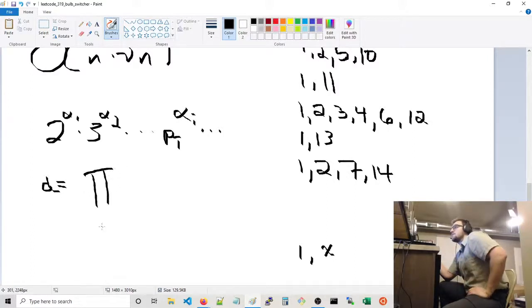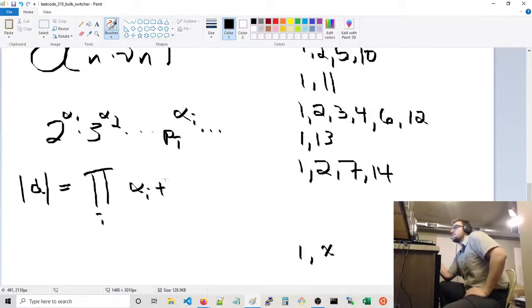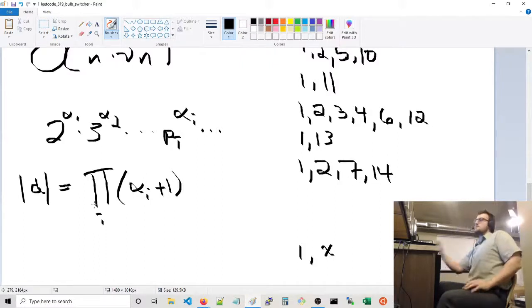If you take these values, alpha sub i, it's the number of divisors, not the set of divisors, but the number of them, which is to say this is equal to the product over all i of alpha sub i plus 1, times all the other alpha sub i's plus 1.